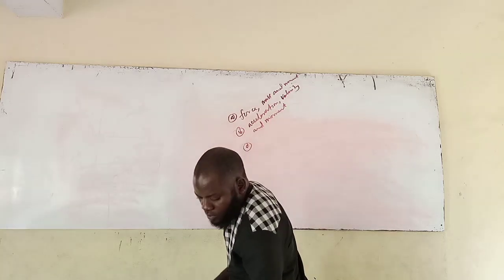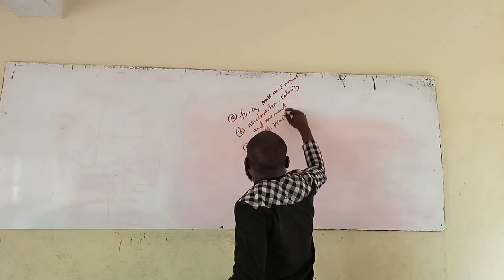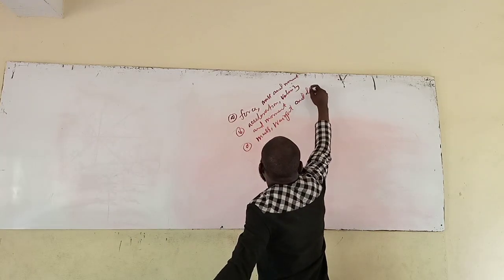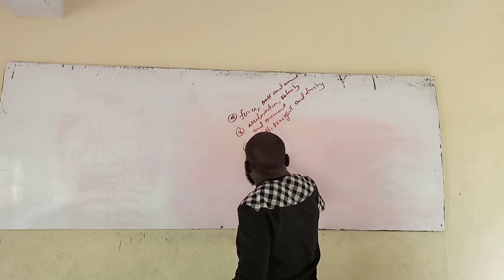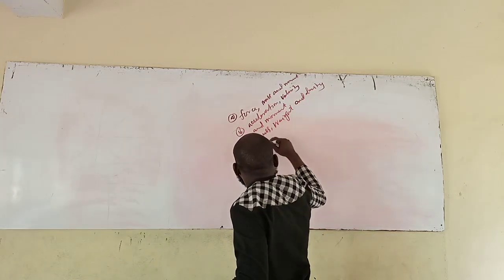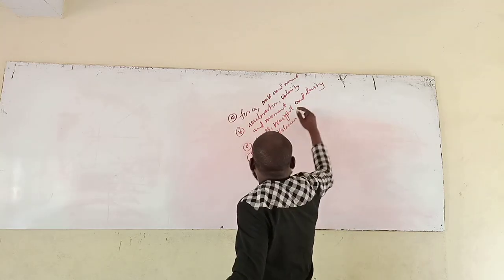Option C, we have mass, weight, and density. Option D, we have mass, volume, and density.